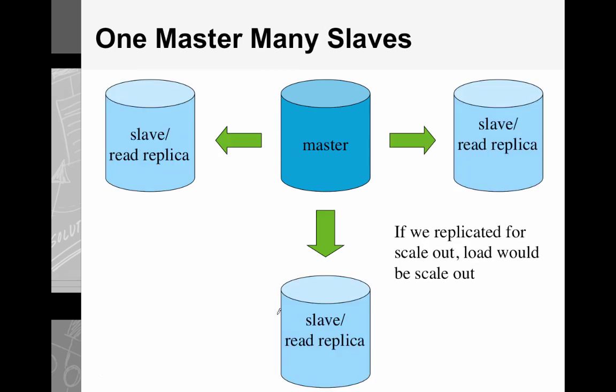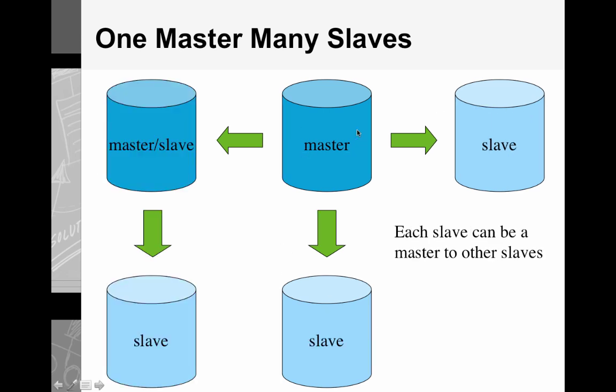Well, when it comes to replication, when it comes to master-slave and read replicas, you don't really have to have just one slave to a master. You can have a master and you can have many slaves or slave replicas. And you can even take one of the slave replicas and make it into a master so it can have other slaves from the master.